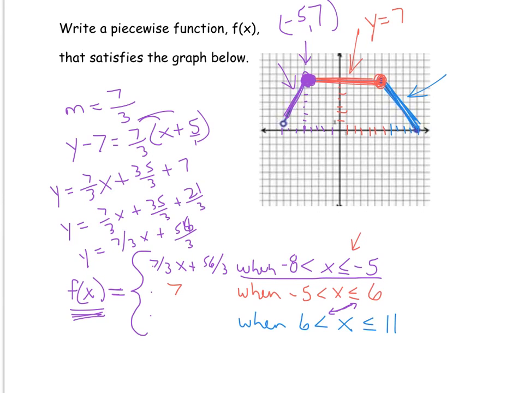For the last section, we have this section in blue. Okay, we went out 11, so that'd be 11, 0. We went up 7 when x was 6.